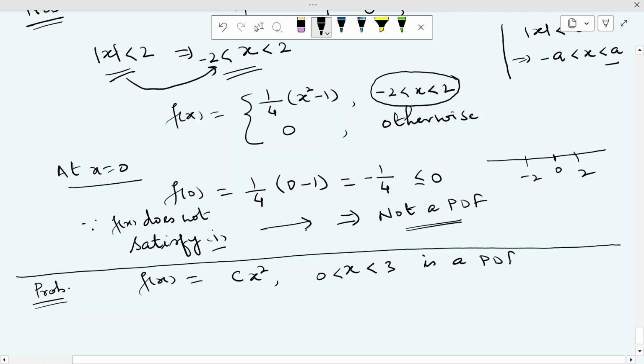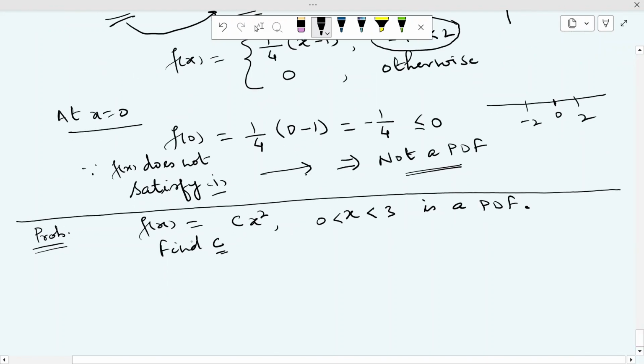It is given to you that this function is a PDF. Now we have to find this c. Because it is given that it is a PDF, or probability density function, it satisfies both the properties.